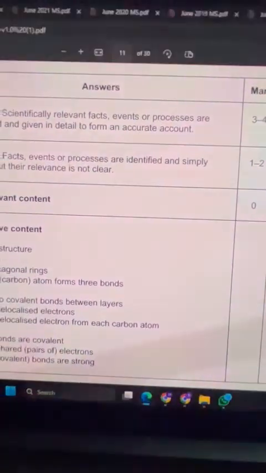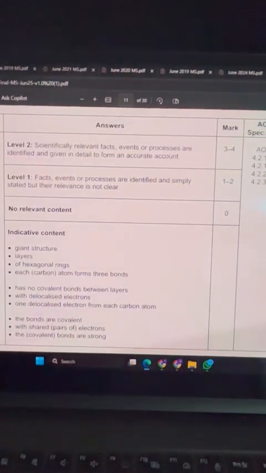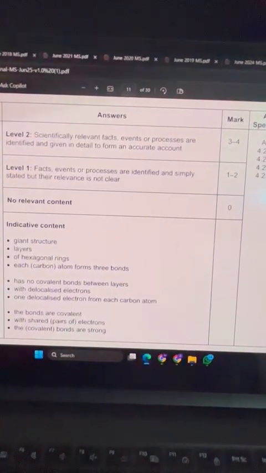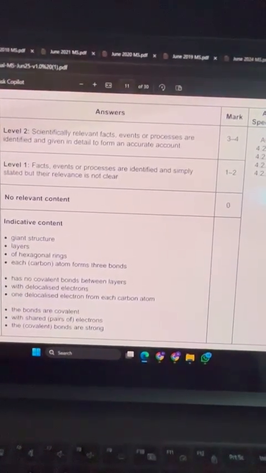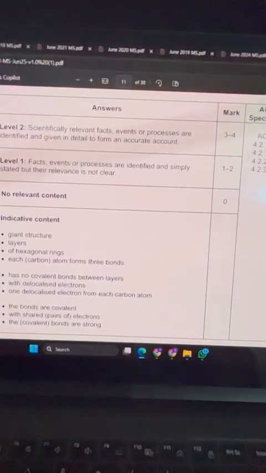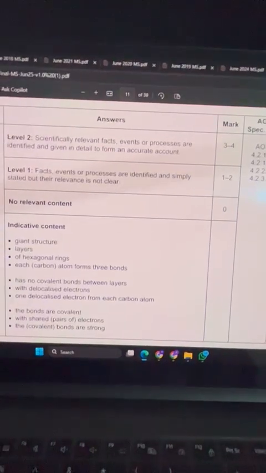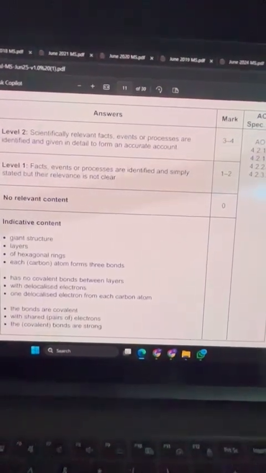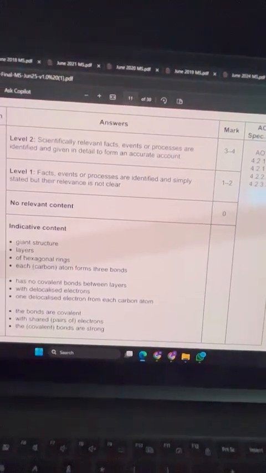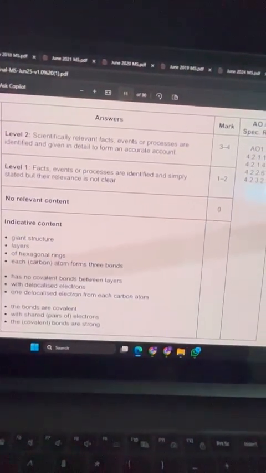Okay, here I have got the mark scheme in front of you. To get level 2, you need to have scientifically relevant facts, events or processes identified and given details to form an accurate account. So you need to have a very scientific flow to your description, and then there are indicative points which I have covered in a flow for you.